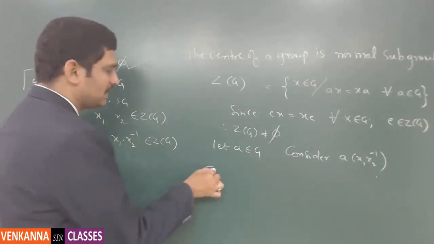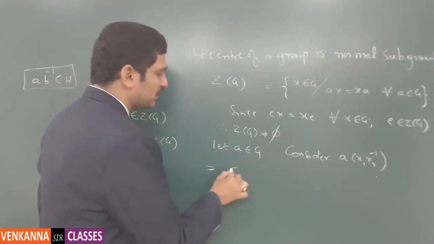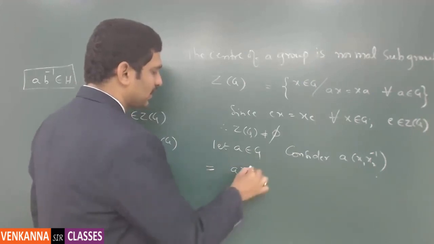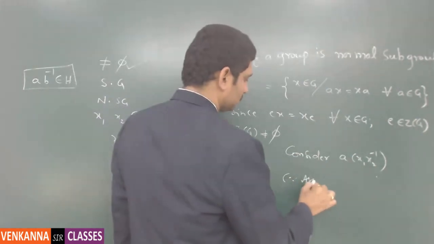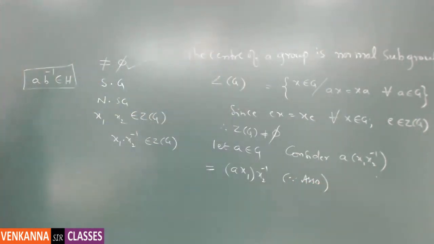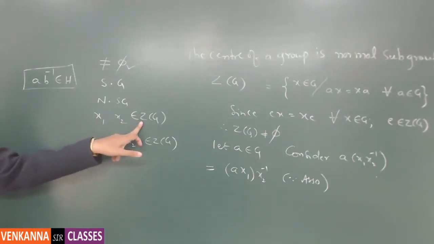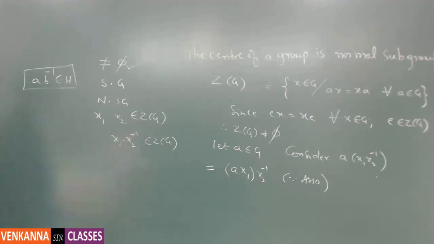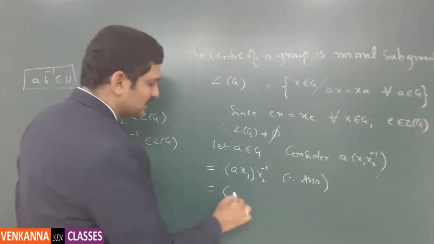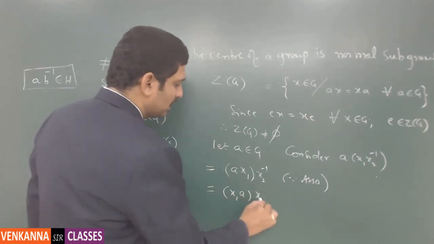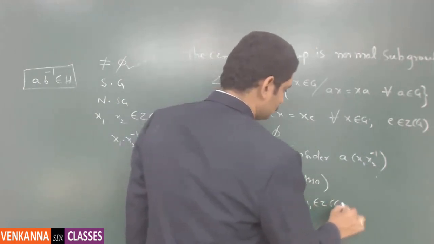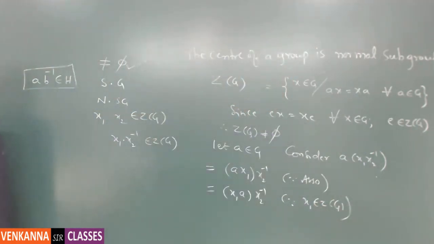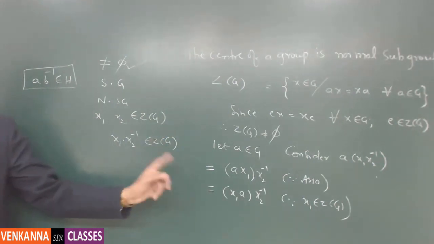Applying associative law, this can be written as ax1 into x2 inverse. Since x1 belongs to the center, it satisfies the commutative property, so this can be written as x1a into x2 inverse. So again, I apply associative law.